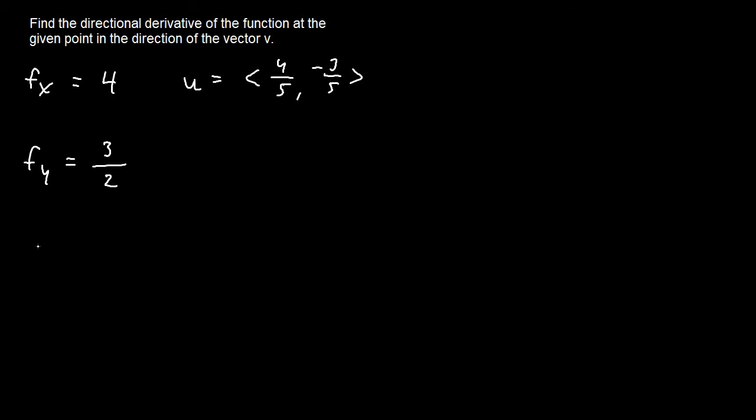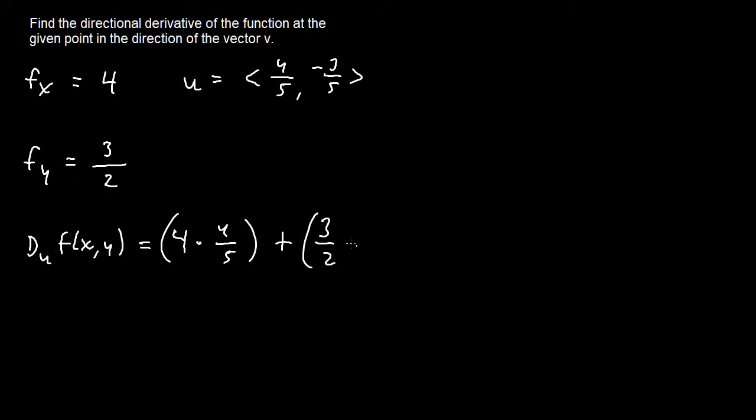So the formula for the directional derivative, once again, D sub u of f of x comma y, is going to be equal to f sub x evaluated at the point, which we got as 4, times a, the x component of the unit vector, which is 4/5, plus f sub y evaluated at the point, which we got as 3 halves, times b, the y component of the unit vector, negative 3/5.